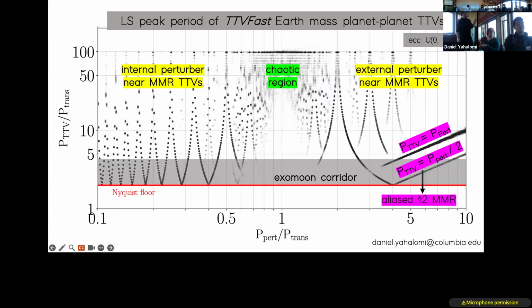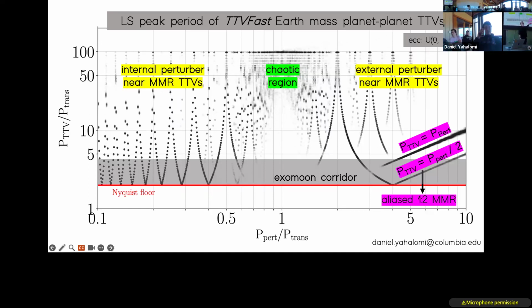Theoretically, the 3 to 1 mean motion resonance could have an edge effect, but this is the 3 to 1. This only hits a Nyquist rate at a value of a period ratio of 6.